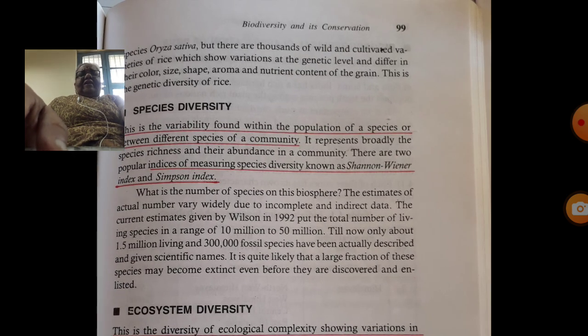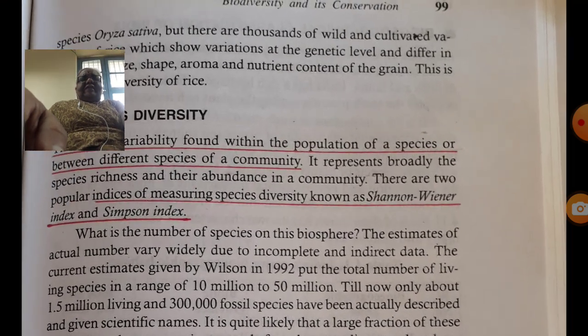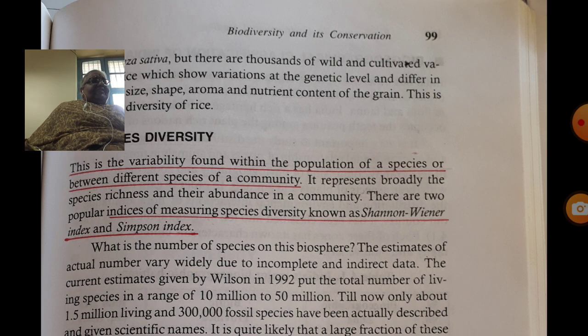Then we shall talk about the next concept, that is species diversity. This is the next level of biodiversity. This is the variability found within the population of a species or between different species of a community. So what is a species? What is a community? What is an ecosystem? What is a biome?